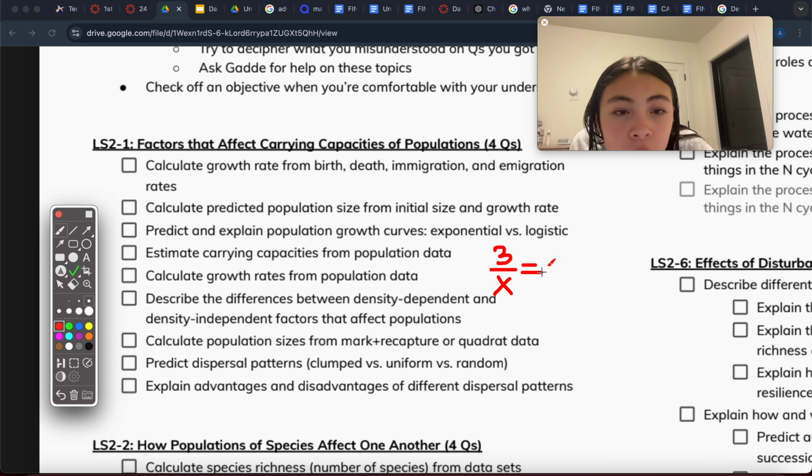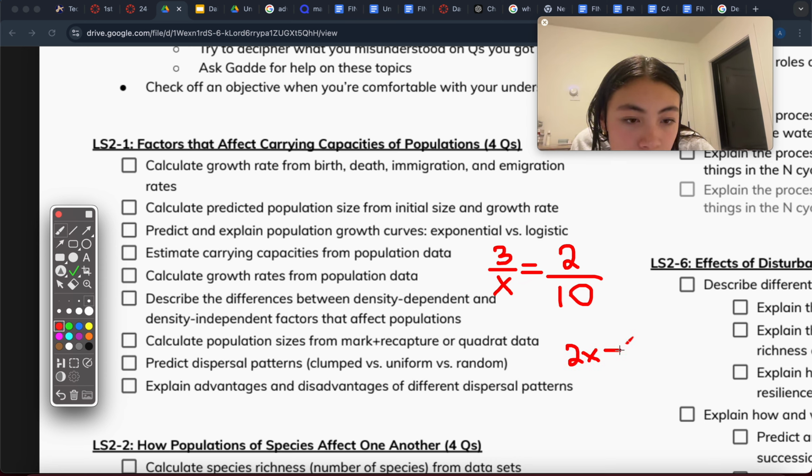You don't know how many there are in total, so you put a variable in, X. But then you come back and you find 2 of those bears marked out of a sample of 10. Now you cross multiply, so you get 2x equals 30. And then your population would just be 15. So that's how you do mark and recapture.